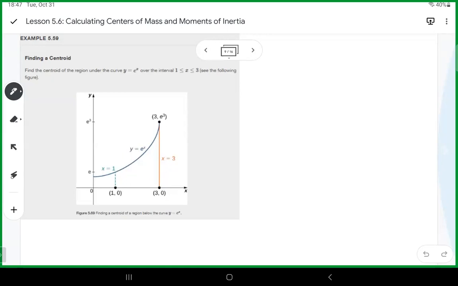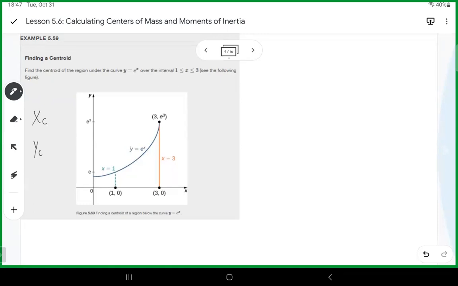Okay, so we have to find x sub c and y sub c, and that's basically all we have to find, but then we put it as a point.